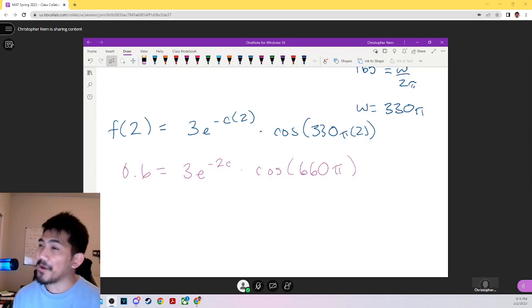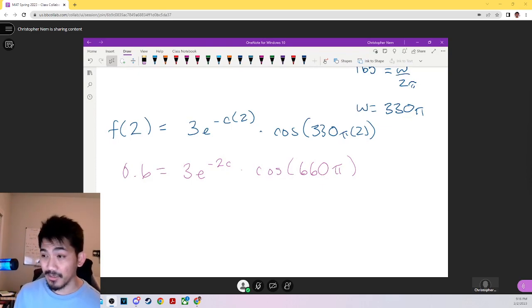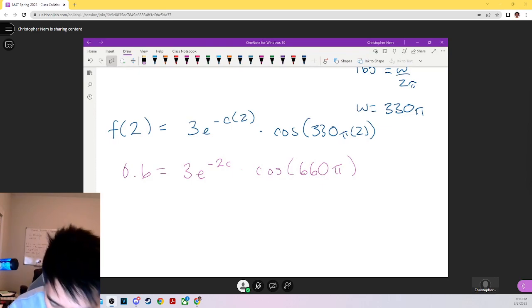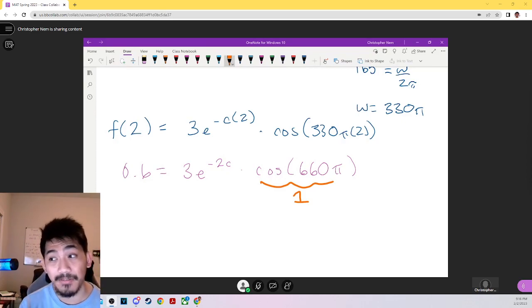Every single time I go around a full circle, the cosine value is 1, because it starts at 0. Notice that 660 pi is divisible by 2 pi. That means I'm just going around a full circle 330 times. It should still be 1 in our case. So this is equal to 1. That's very nice. Sometimes it's not like that, though, so you've got to be careful.